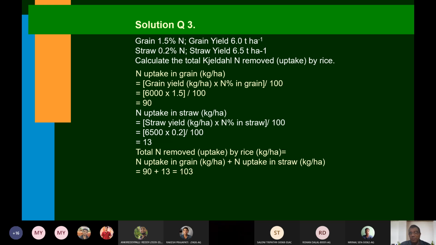So on an average, to get 1 ton of grain, you need 20 kg nitrogen. 20 kg nitrogen for 1,000 kilograms grain. Not in grain. To produce that grain, you need that much nitrogen, 20 kg nitrogen in grain plus straw.